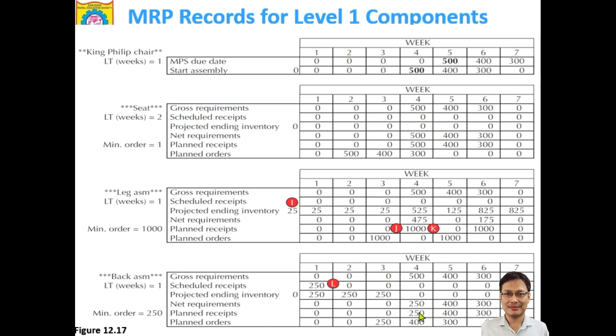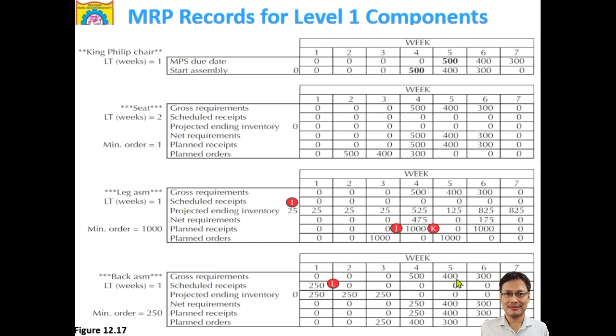So we place 250 orders 1 week prior, and it gets delivered on week number 4. So this is how it comes. And the inventory in hand will be 0 because the planned receipt minus the net requirement is 0.